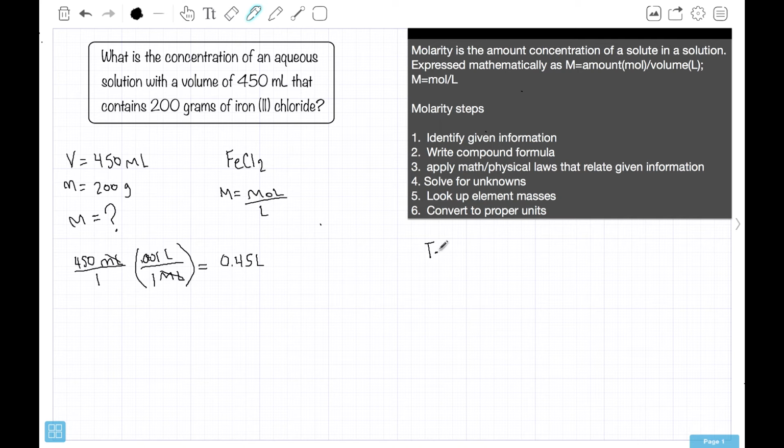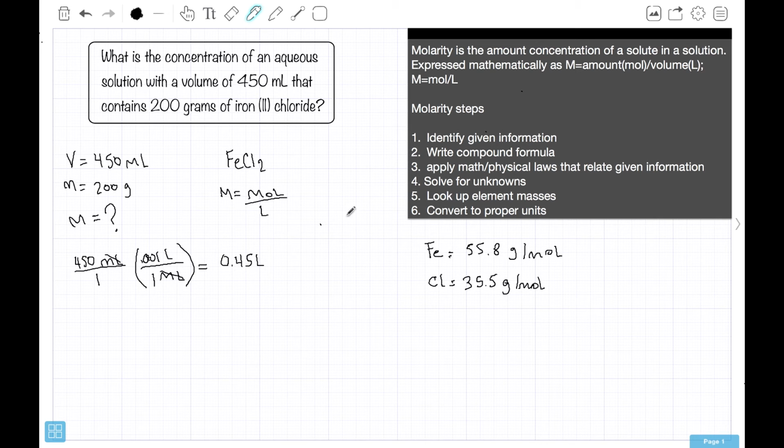So for iron, you'll find that it's 55.8 grams per mole. That's the mass there. And for chloride, you'll find that it's 35.5 grams per mole. That's the mass of that.